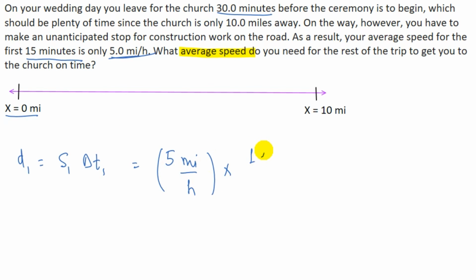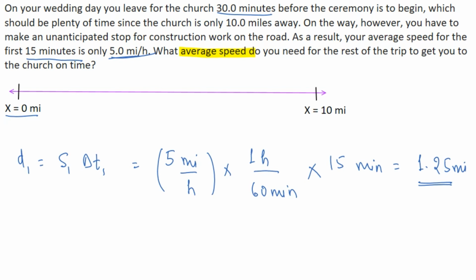So we know that 1 hour is 60 minutes, multiplied with delta t, which is 15 minutes, because he traveled at this speed only for 15 minutes. So this would be equal to 1.25 mile. So initially for the first 15 minutes he traveled only this much distance.